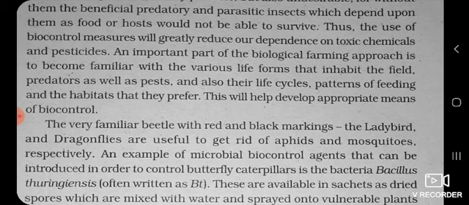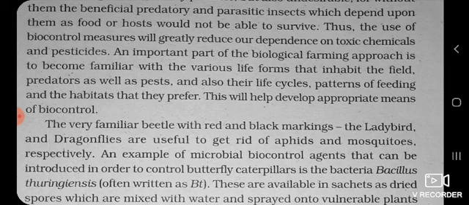For the biocontrol of these organisms, we have to know all the information about the organisms which damage the crop, that means their life cycle, which food they eat, and where they are present, that means their habitat.